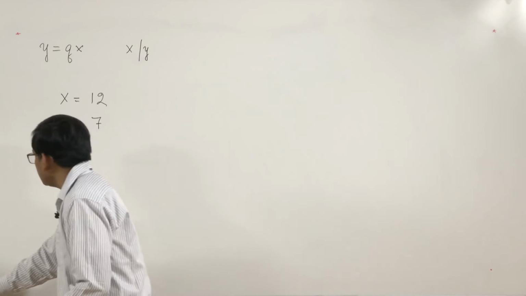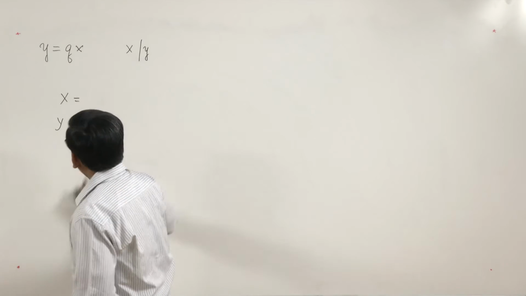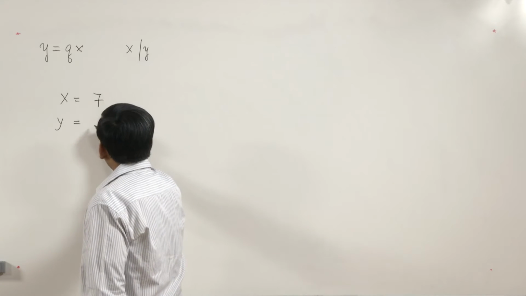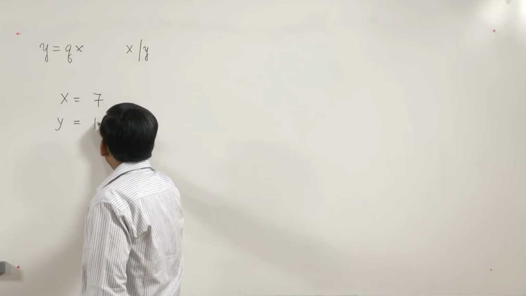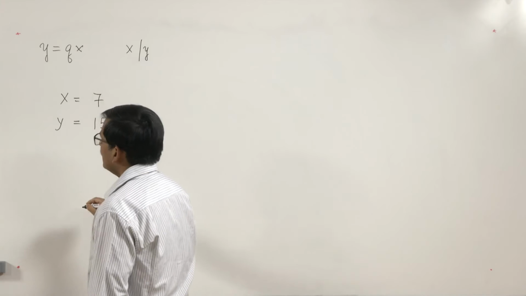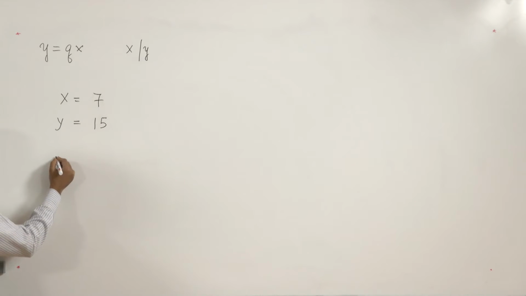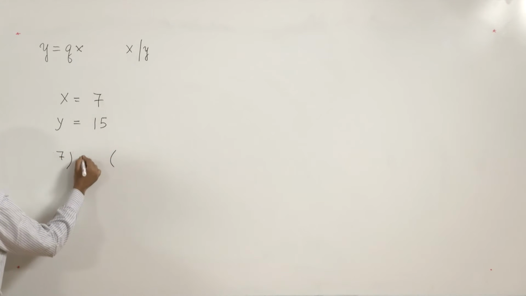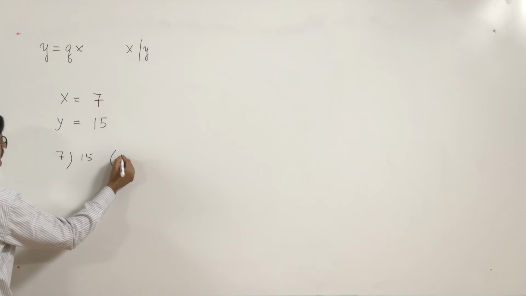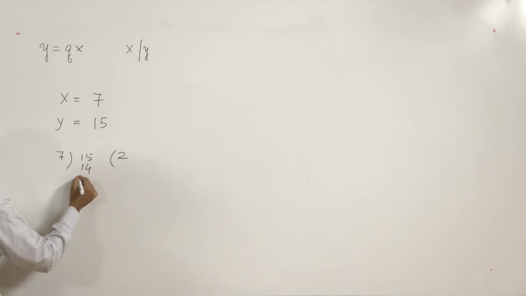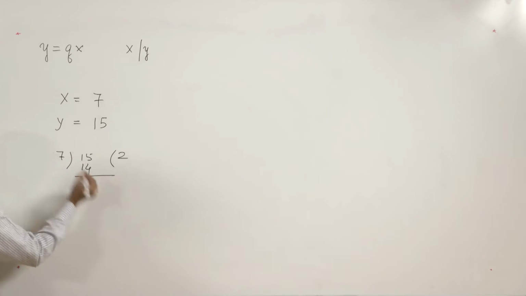Let us take x equal to 7 and y equal to 15. Then we know that the usual division goes like this: 15 and 7 twos are 14, then 1.